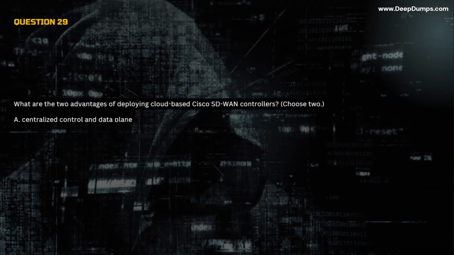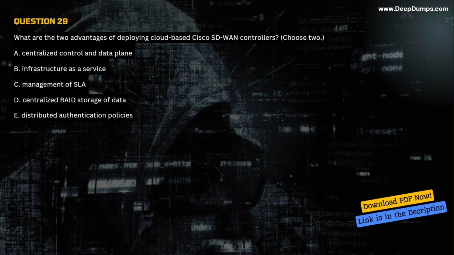Question 29. What are the two advantages of deploying cloud-based Cisco SD-WAN controllers? Choose two. A. Centralized control and data plane. B. Infrastructure as a service. C. Management of SLA. D. Centralized RAID storage of data.